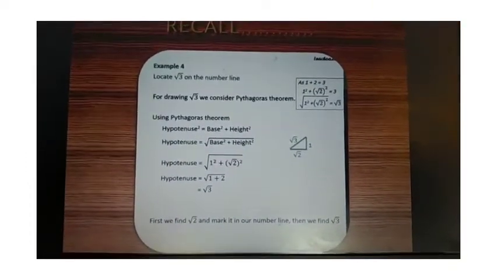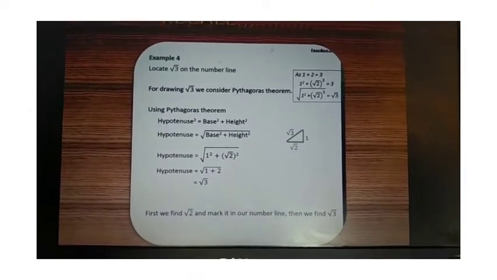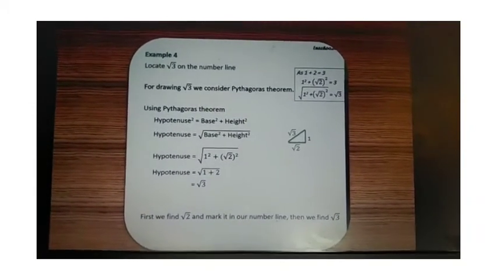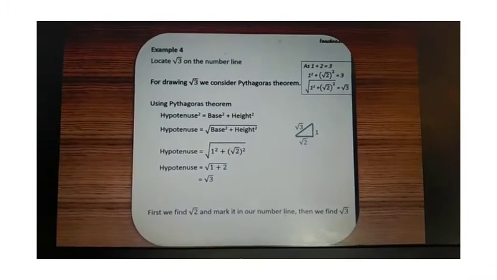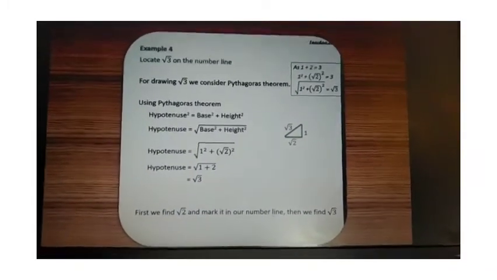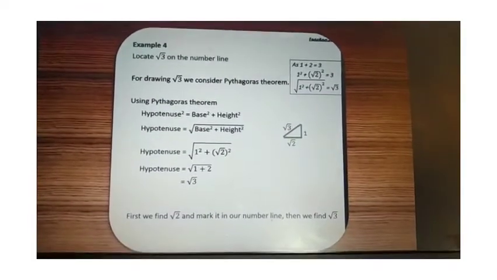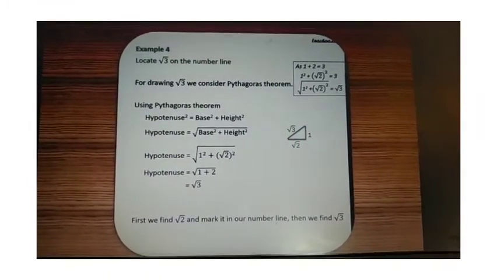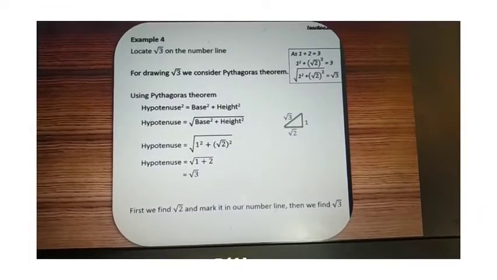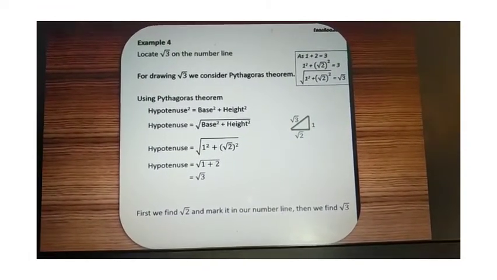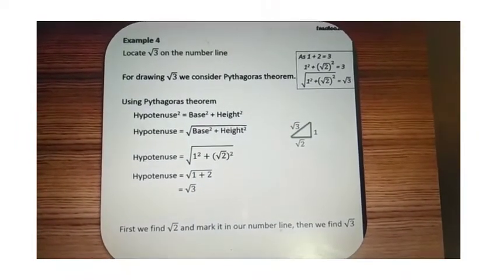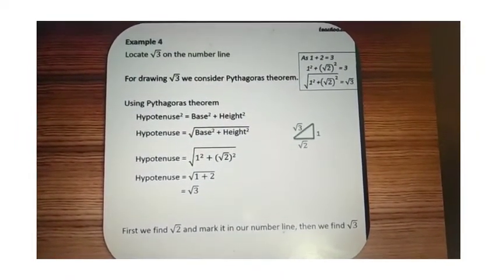The hypotenuse is equal to the root of base square plus height square. See in the diagram, it is root of 1 square plus root 2 the whole square. Root 2 the whole square will be equal to 2, because when you multiply root 2 into root 2, the root goes off. So you'll get the hypotenuse as root 3.